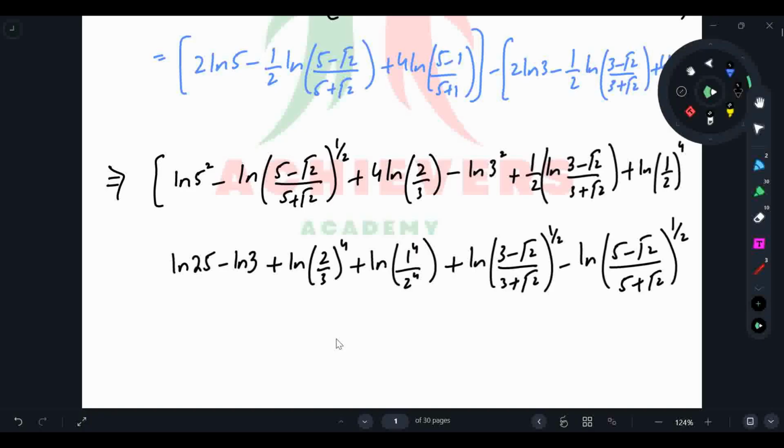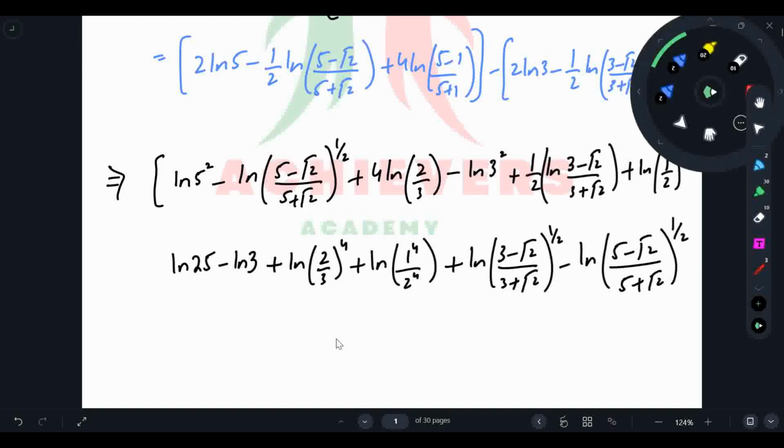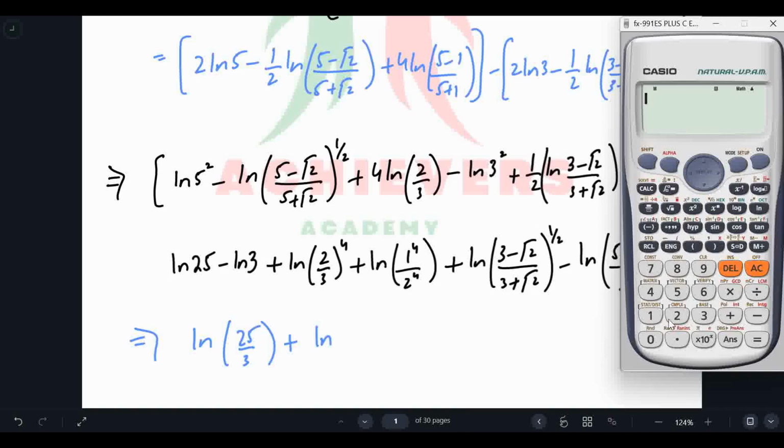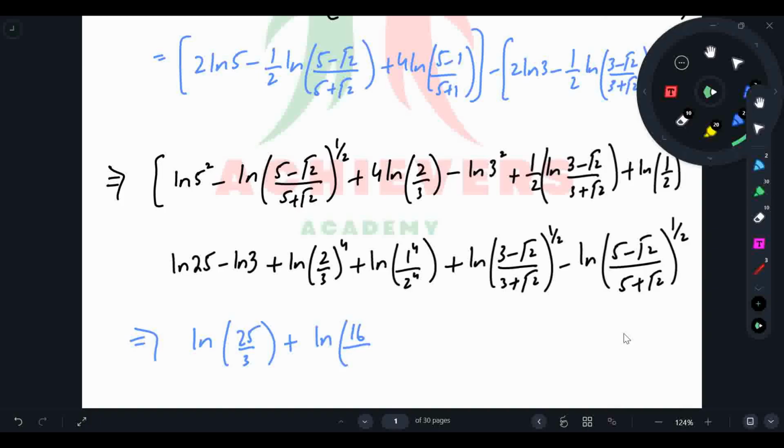We can simplify the first half and this will become natural log of 25 by 3 plus natural log of 2 power 4 is 16 and 3 power 4 is 81. So 16 by 81, plus natural log of 1 by 16.